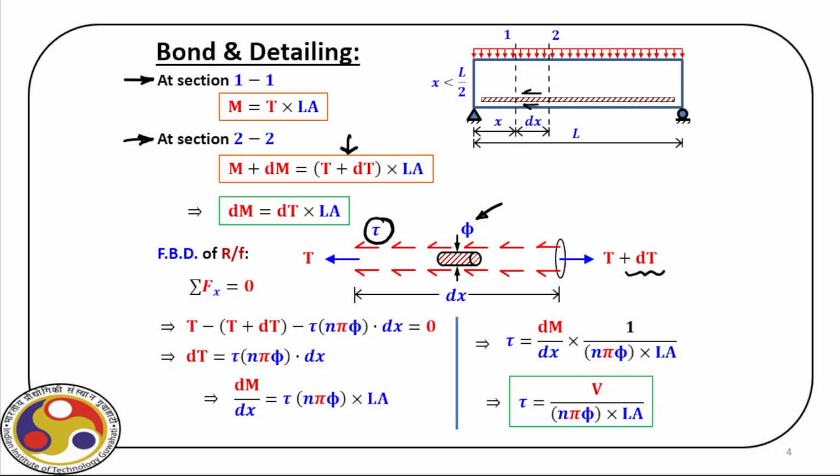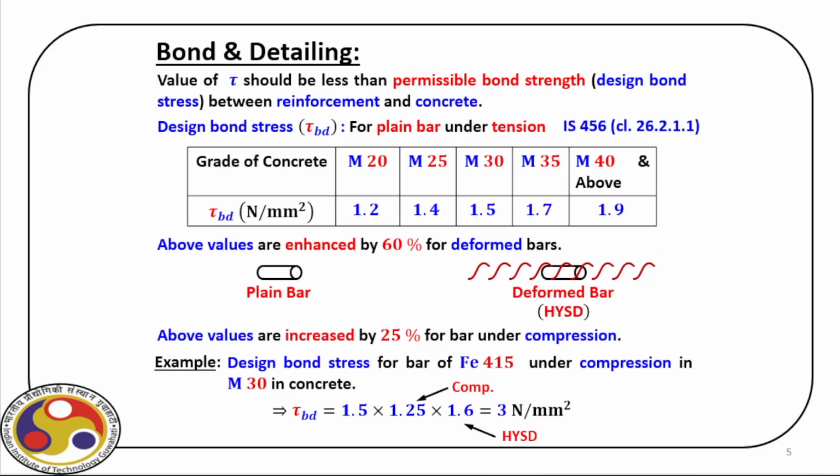Now, the value of tau should be less than the permissible bond strength. The design bond strength we get again from the code, that is IS 456, clause 26.2.1.1, and from there we get the design bond stress tau BD for different grades of concrete.